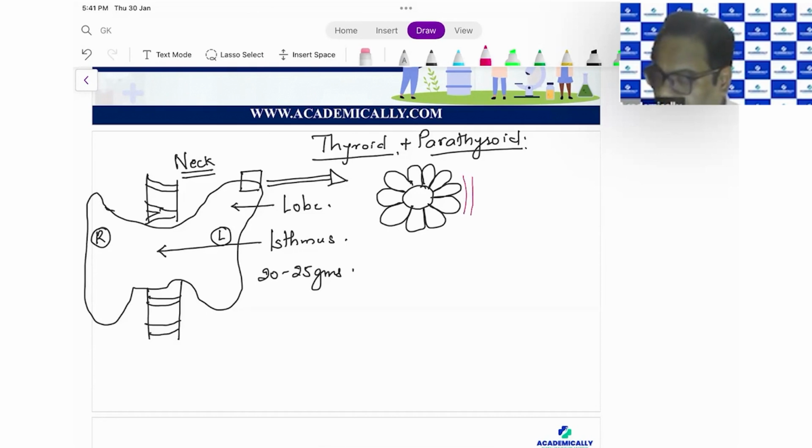This is where you get blood vessels, and in between, this is where the secretions are stored. These are the cells of the follicle, which are initially columnar, but as the secretions start accumulating, they keep pushing the cells and these become cuboidal.